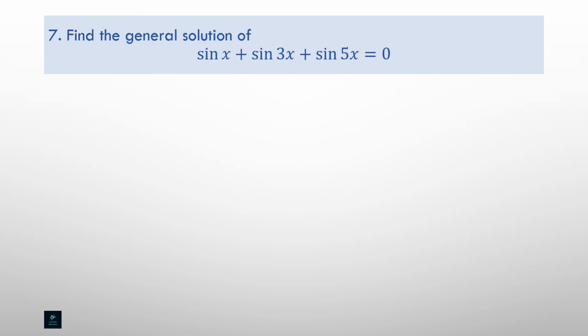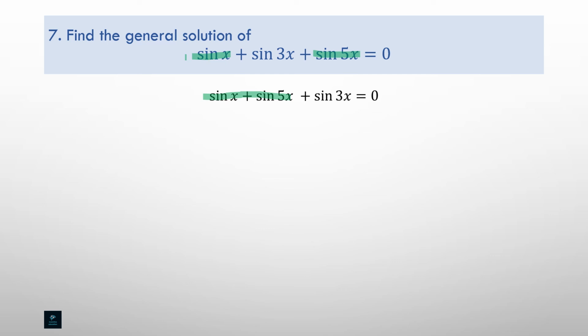In this example, we are required to find the general solution of the equation sine of x plus sine of 3x plus sine of 5x equal to 0. Here we will first group sine of x and sine of 5x together, and we will get sine of x plus sine of 5x plus sine of 3x equal to 0.